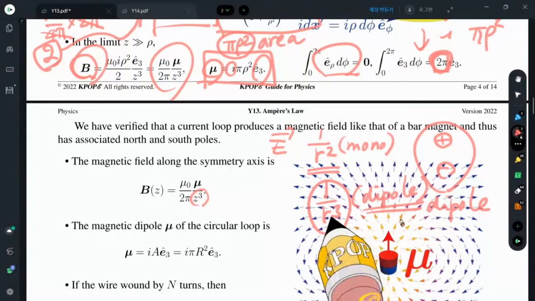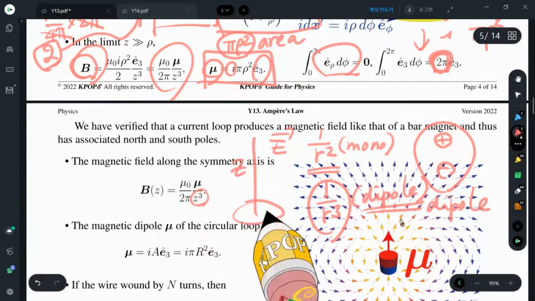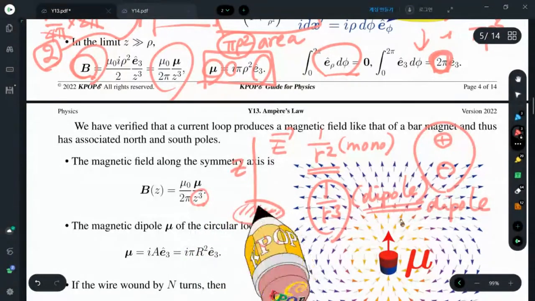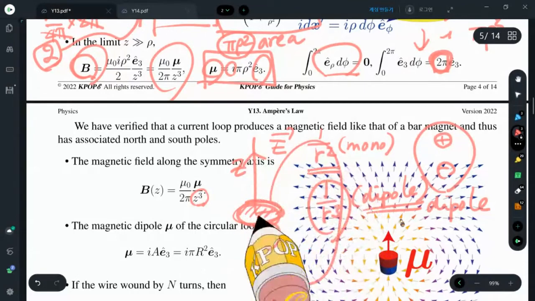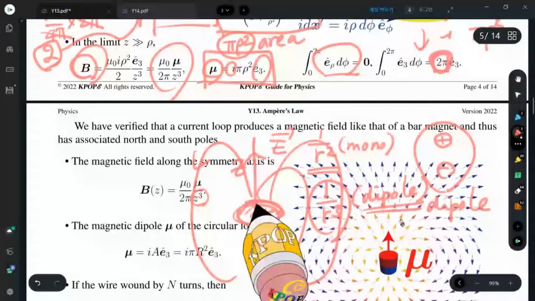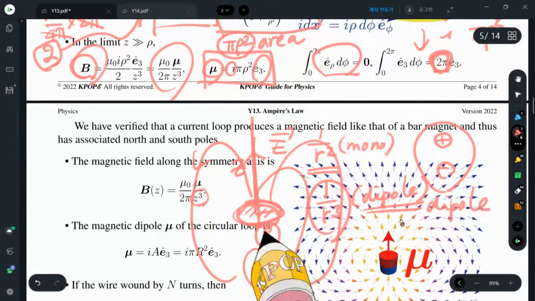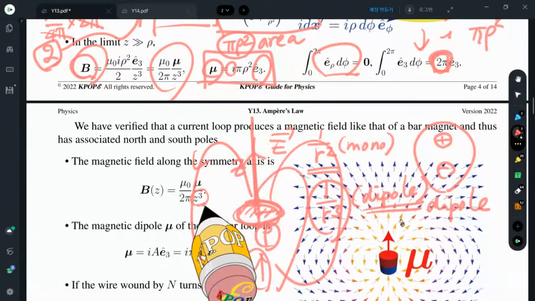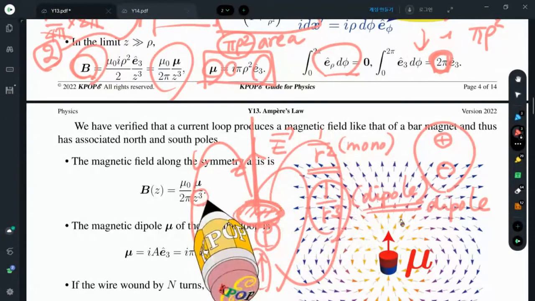Just like that, we have z cubed, where rho, the radius, is very tiny. We have a circular current, and the magnetic field is like that. And anyway, along this straight line, parallel to the magnetic dipole, the strength decays not by 1 over distance squared, but by distance cubed.